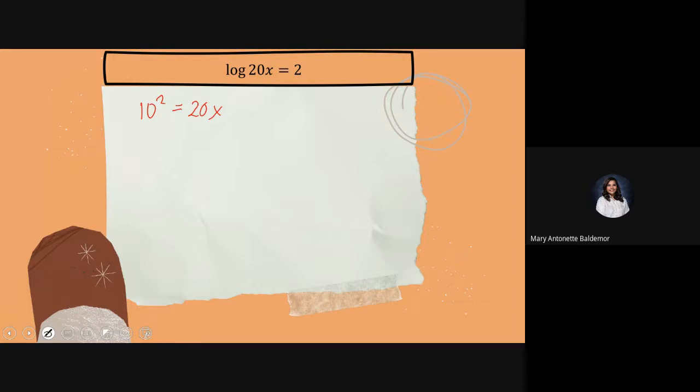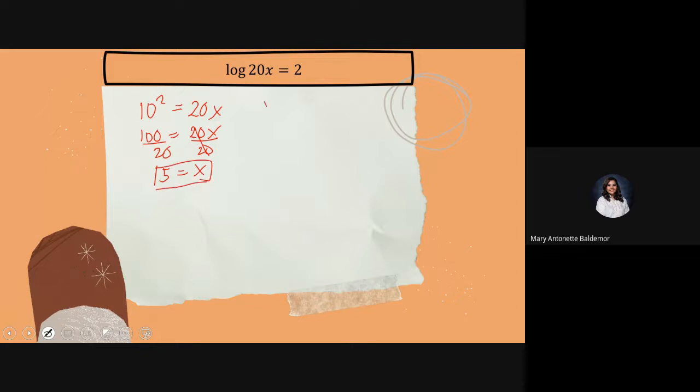Now, simplifying, 10 squared is 100, equal to 20x. Dividing both sides by 20 to remove the coefficient of x. So therefore, x here is equivalent to 100 divided by 20, which is 5.